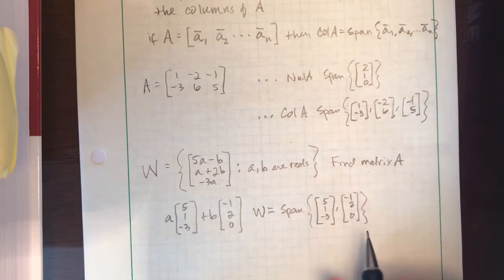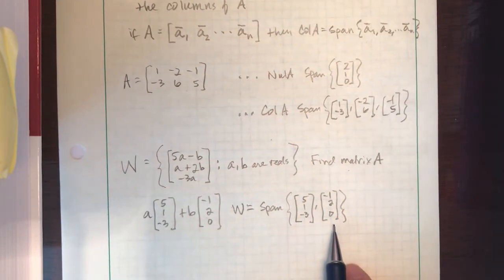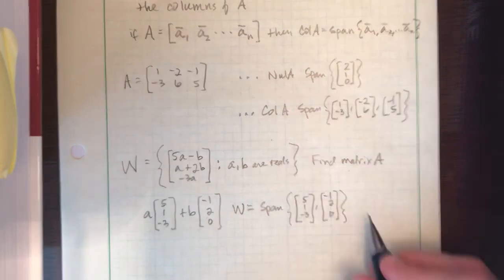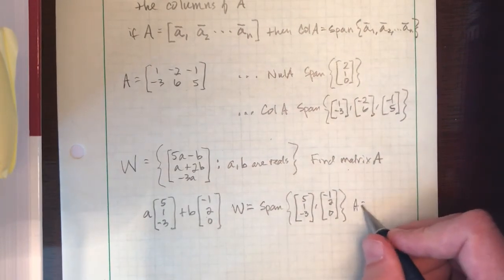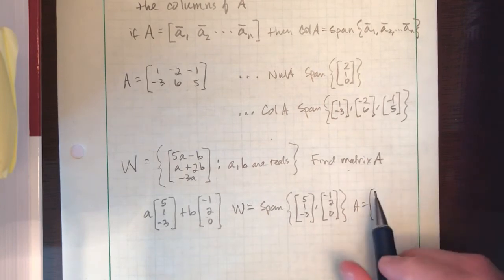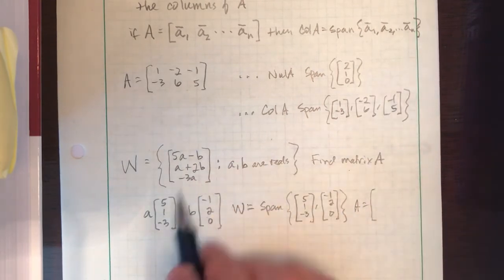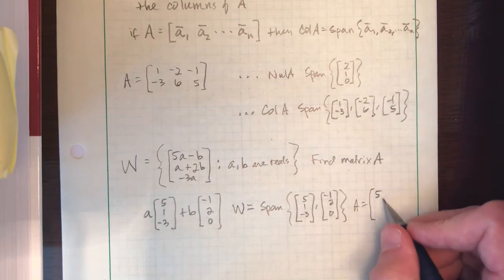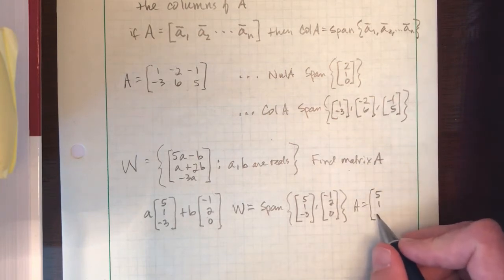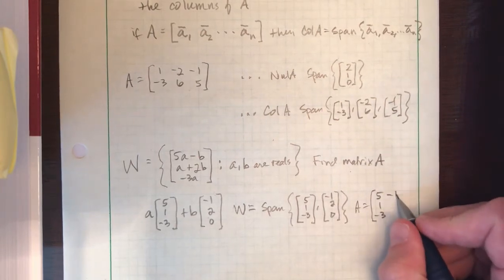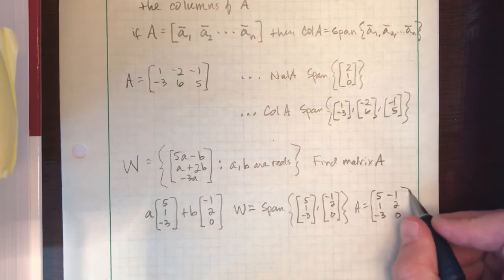Well, it looks like we've got my matrix. The matrix is just those columns. And so my ultimate question is, can you find a matrix that satisfied that expression? And it looks like we've got ourselves a 3 by 2 matrix that made that happen.